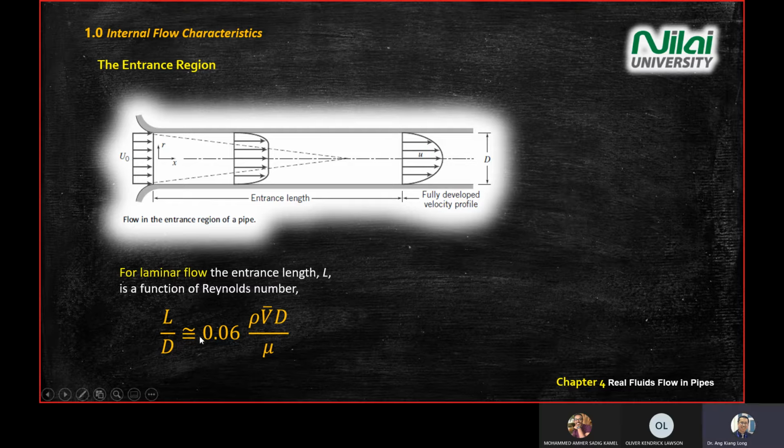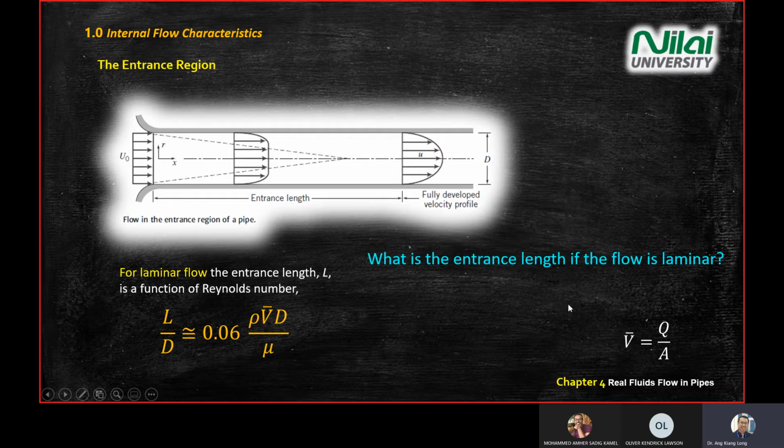So you use this equation, L over D equals 0.06 Reynolds number, and then you move the diameter to the right, and you're able to capture the entrance length. Clear? So far, there are two equations for today: Reynolds number and the laminar flow L over D ratio.